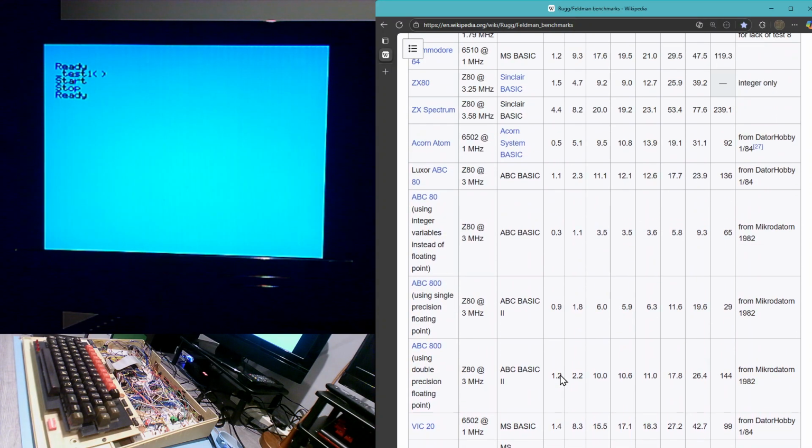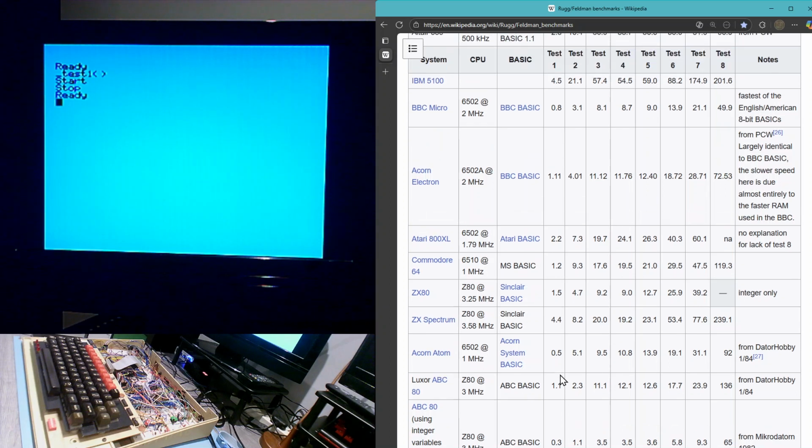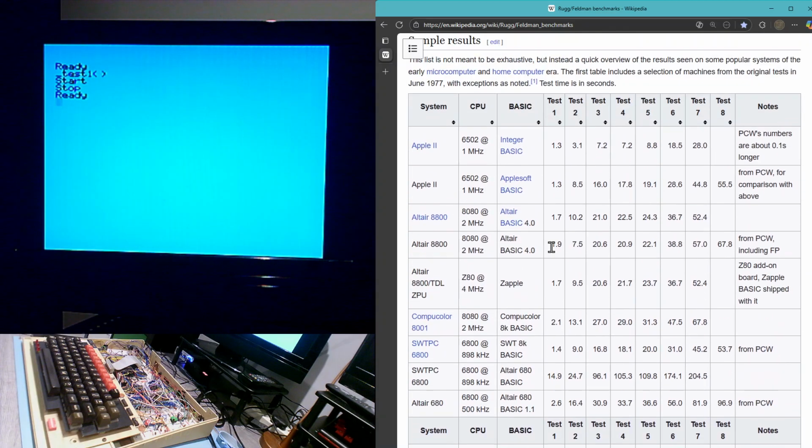And the Porsche of the UK 80s 8-bit scene was the BBC Micro. So let's have a look. BBC Micro, 0.8 seconds, so it's pretty quick. It's a 2 megahertz 6502, but 0.8 seconds is still several times slower than my homebrew computer.